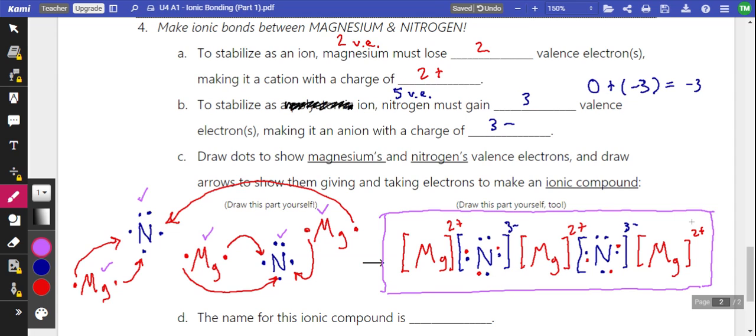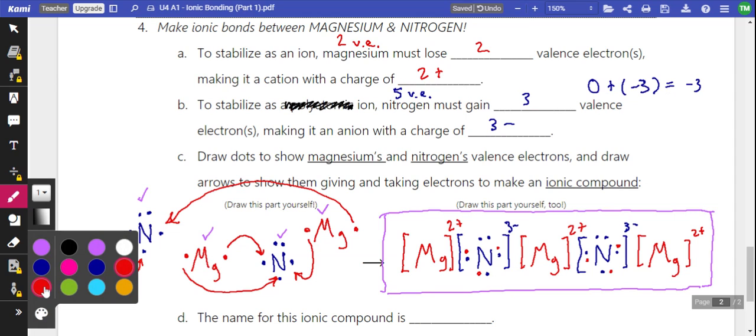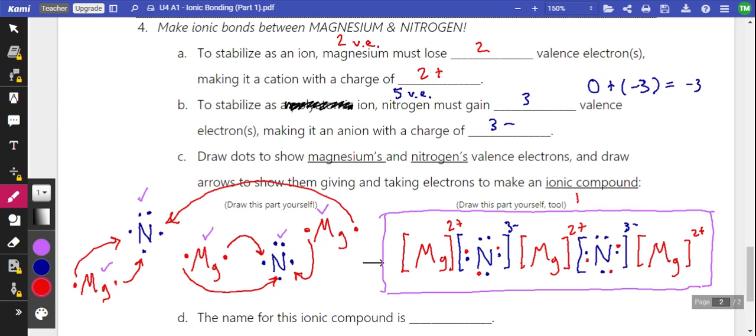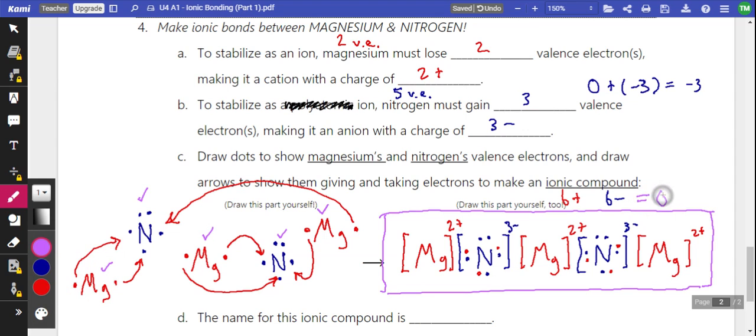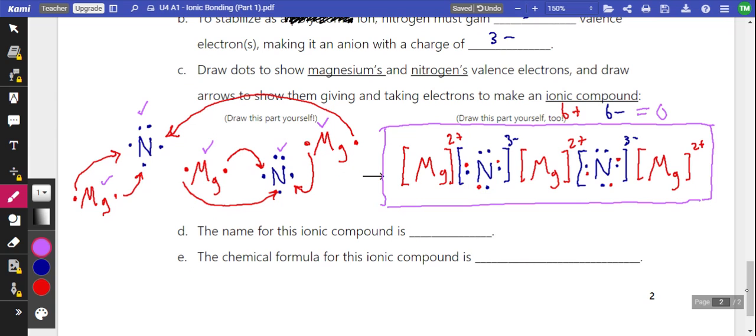That's a total of positive 6 charge from my cations. 6 plus. And I've got a negative 3 and a negative 3. That's negative 6, 6 minus, for my anions. What I'm left with is 0 charge. All my charges canceled, which is a good sign of a happy, stable ionic compound.